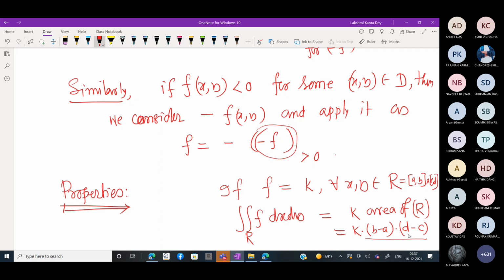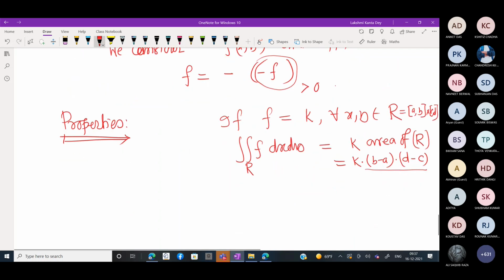Ultimately we get the volume of the rectangular parallelepiped whose height is k, length is b minus a, and width is d minus c. So this is something like a brick.